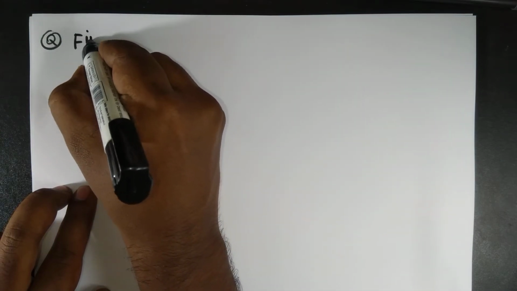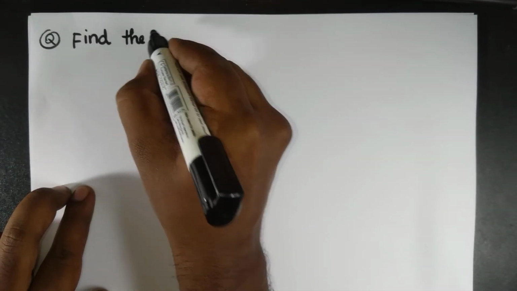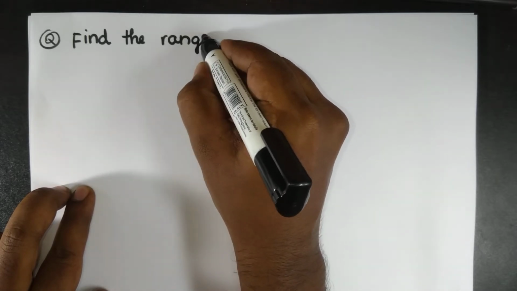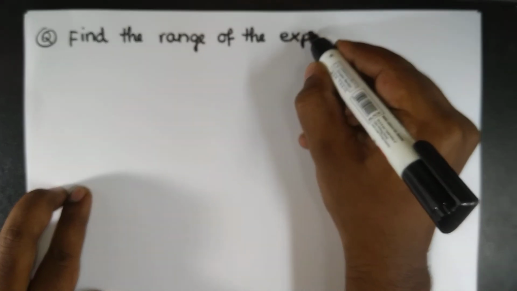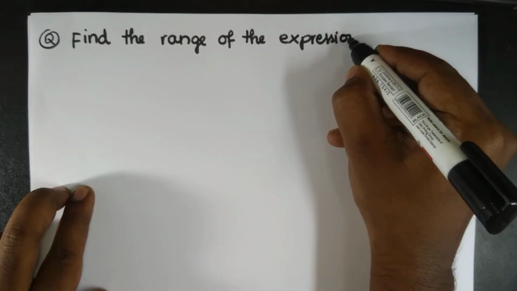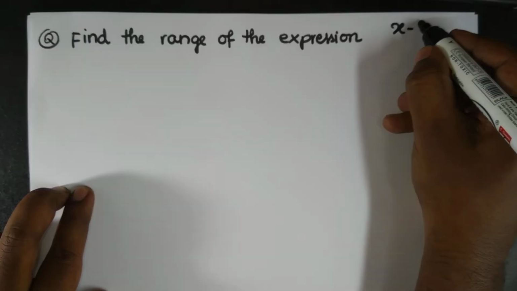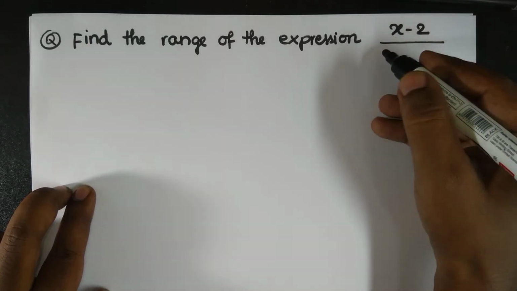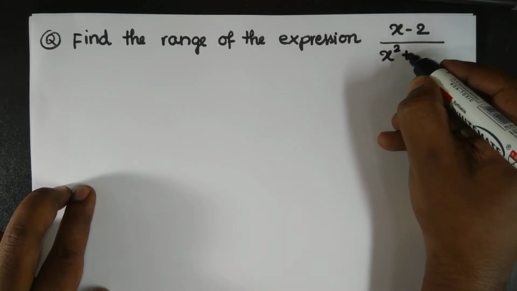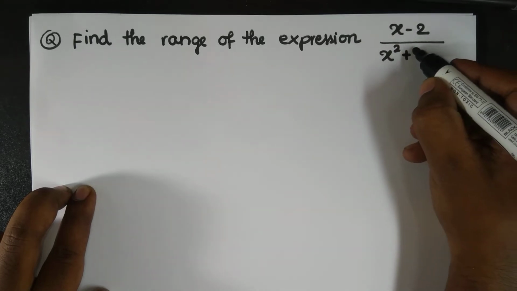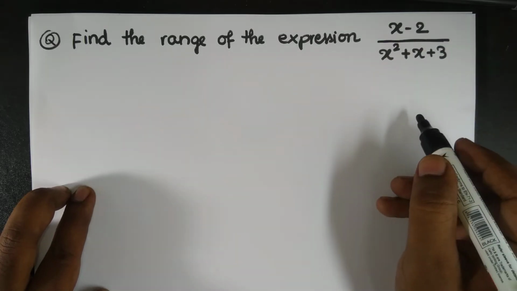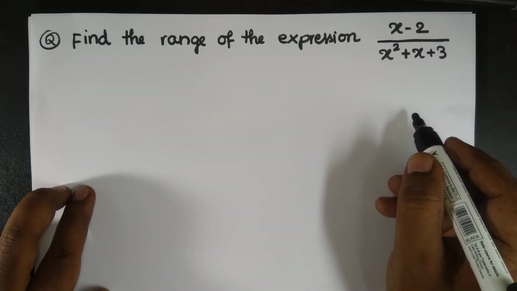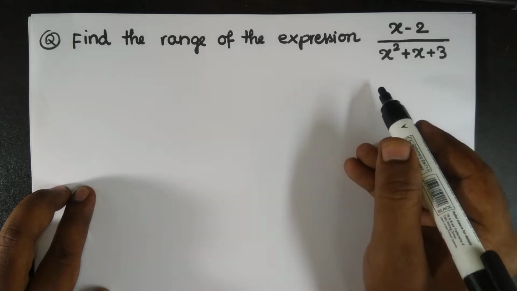Let's find a question on quadratic equations again. Find the range of the expression (x - 2) divided by a quadratic, a linear polynomial over a quadratic polynomial. The numerator is a linear polynomial, the denominator is a quadratic polynomial.